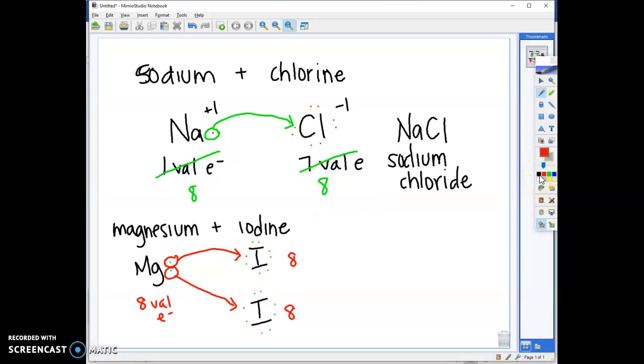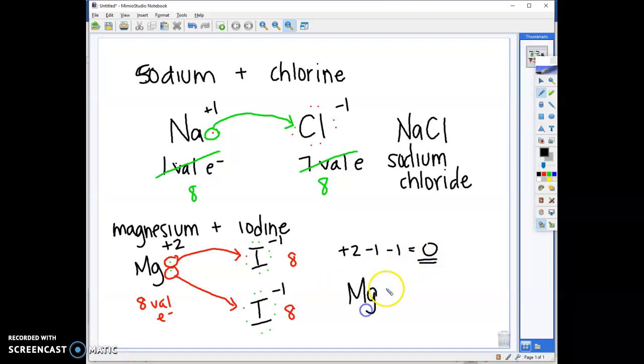So this time we had to add an extra atom because our goal here is to make our overall charge on our compound to be 0. So magnesium is +2, and each iodine is -1, and if we say +2 -1 -1, that gets us to 0, and that's always our goal with an ionic bond.